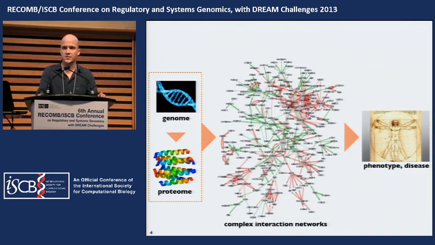When we think about the central dogma of molecular biology, the components of these interaction networks, such as proteins or RNAs, are encoded in the genome. Therefore, they are subject to genetic variability that modifies these proteins, and ultimately we believe that modifications on the level of DNA lead to alterations in cellular signaling networks.